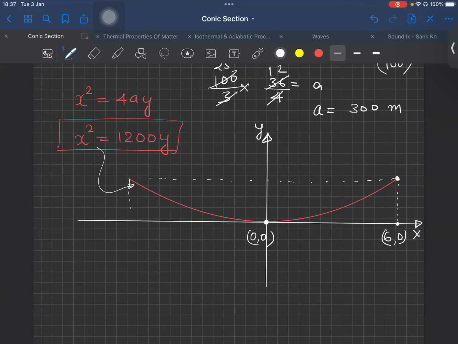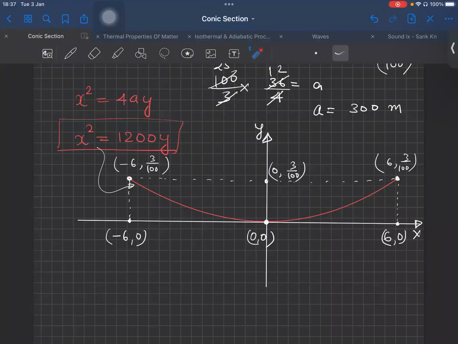This point, minus 6, 0. This point is 0, 3 upon 100. This point is minus 6, 3 upon 100, and this point is 6, 3 upon 100. Fine. So we have got these points.